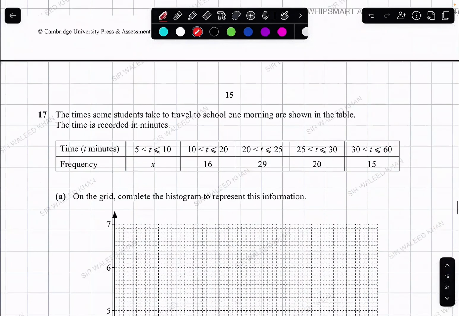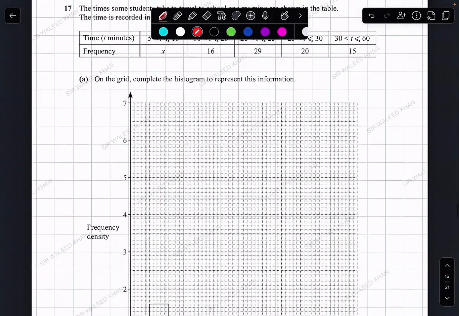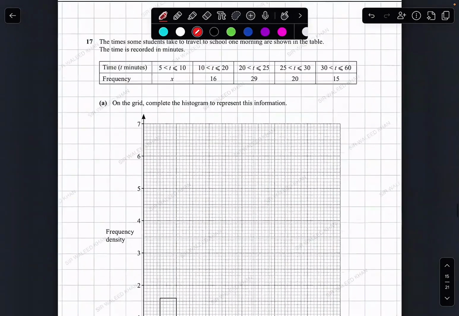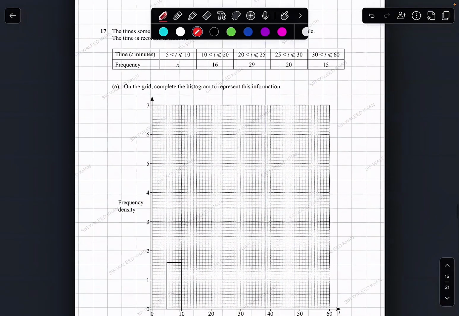Next, question number 17. The times some students take to travel to school one morning are shown in the table. The time is recorded in minutes. On the grid, complete this histogram to represent this information. So I'm going to use a histogram to complete this information.